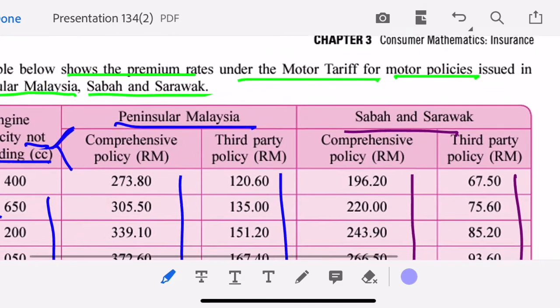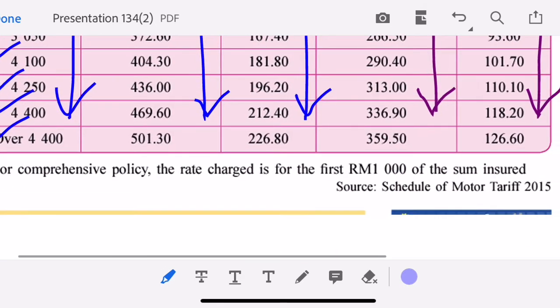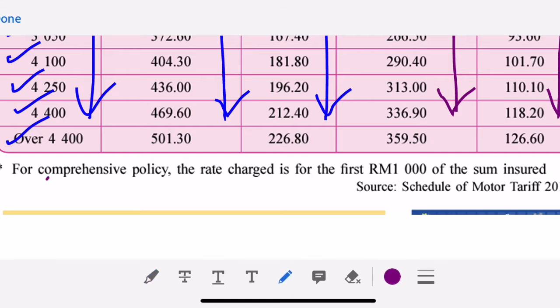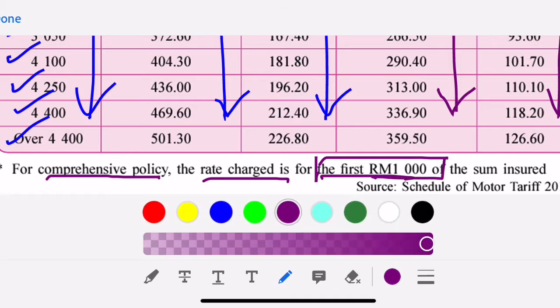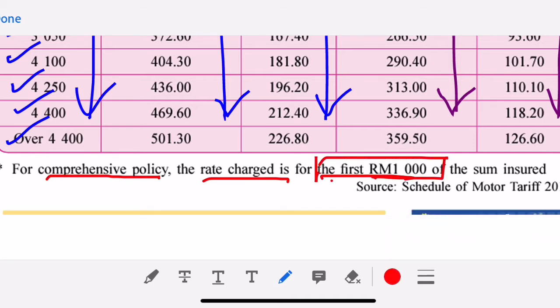Okay, so as you can see from that table, for comprehensive policy, the rate charged for the first 1,000 is very important. The keyword is the first 1,000. So when we want to calculate for the first 1,000, we have to refer to this table. This is sourced from the Motor Tariff 2015.